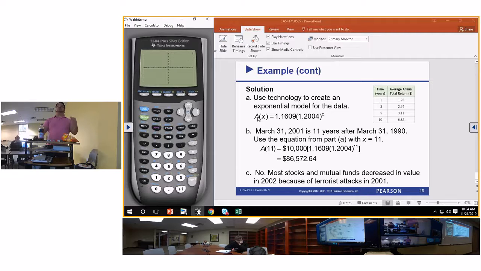Of course, I don't care what the graph looks like, but now you're going to hit second table, and there you go.